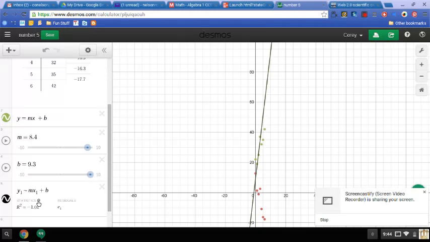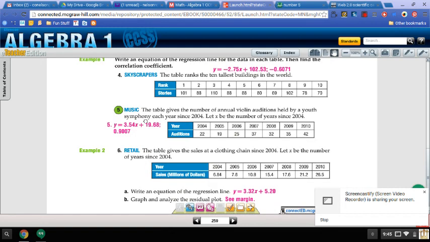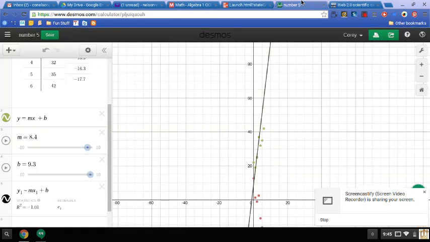Now, one of the questions that'll come up is, it'll say, now predict how many, what was this one even about? Predict how many of whatever. And so they'll give you an x.